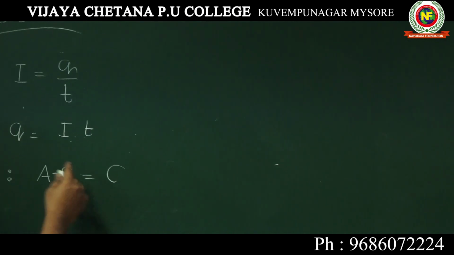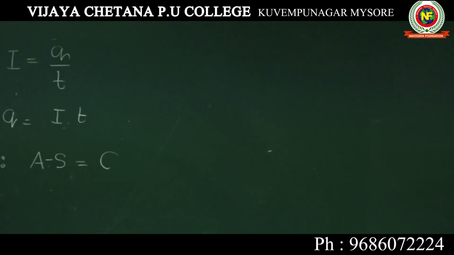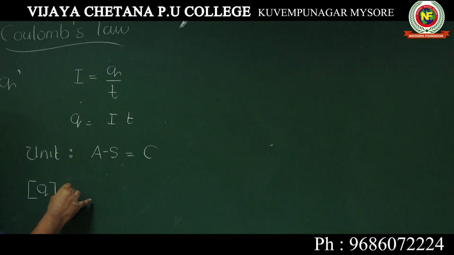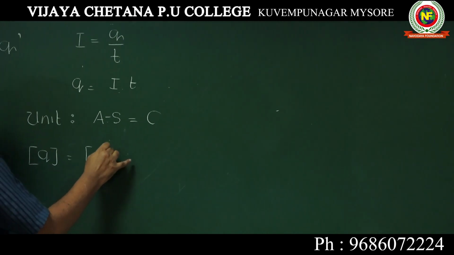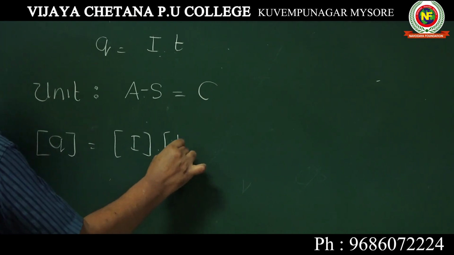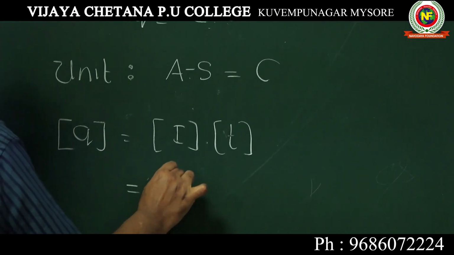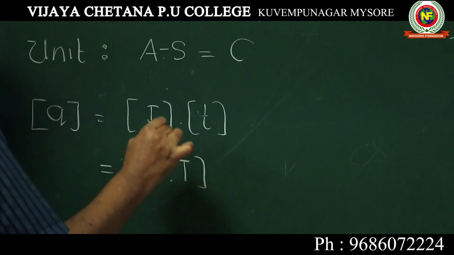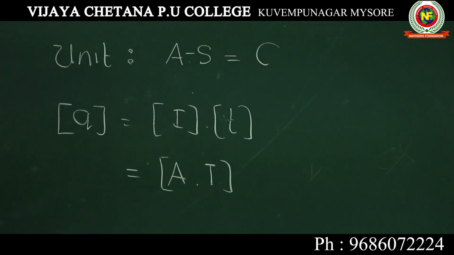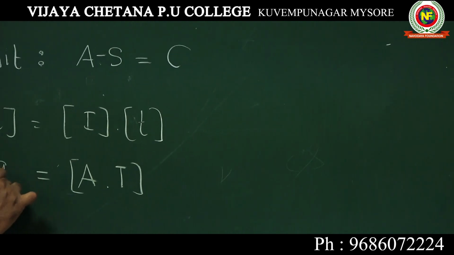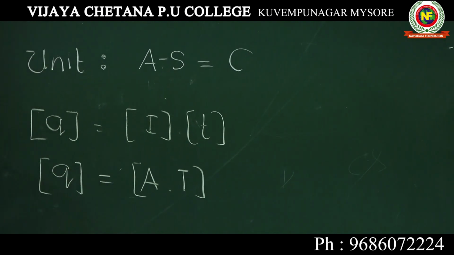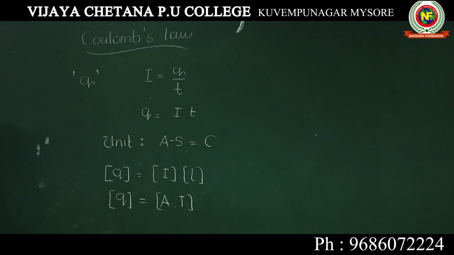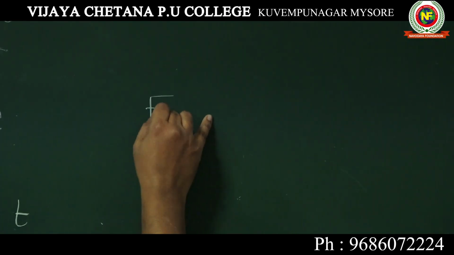We have already understood the definition of coulomb. Now to write the dimension of charge: dimension of charge is equal to dimension of current into dimension of time. The dimension of current is A, the dimension of time is T, therefore it is essentially AT. So the dimension of charge is always AT.